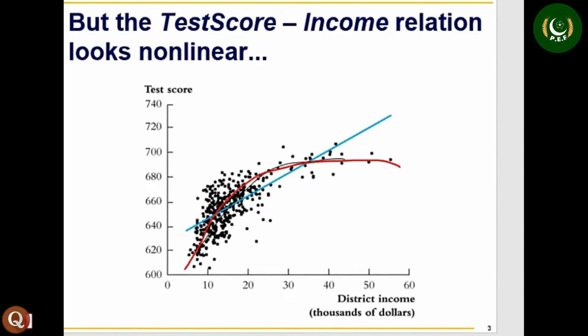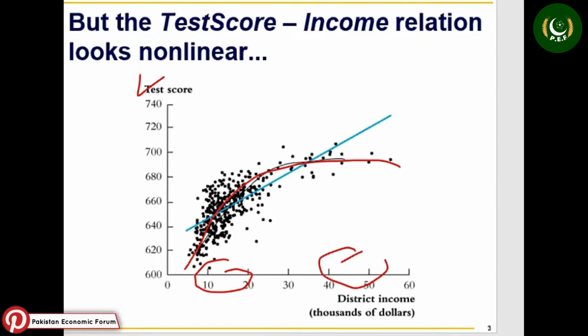So what's the difference between linear and non-linear? In general, your standard interpretation is not valid, that one unit change in x leads to so many units change in y. Now your interpretation will be different for this range of x in test score and for this range of x in test score. We are going to see that.